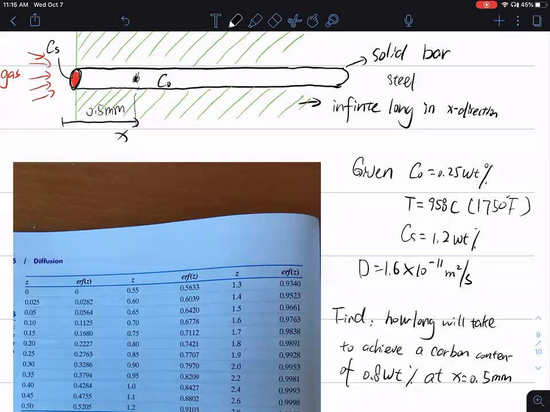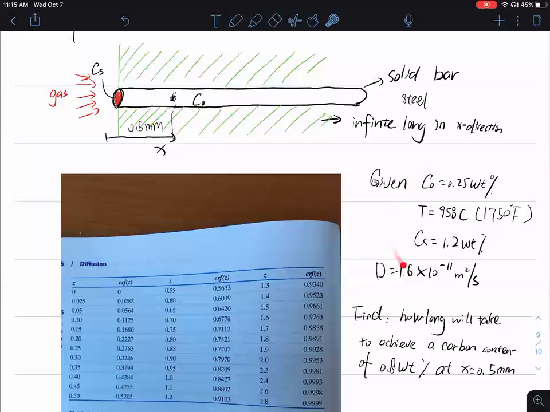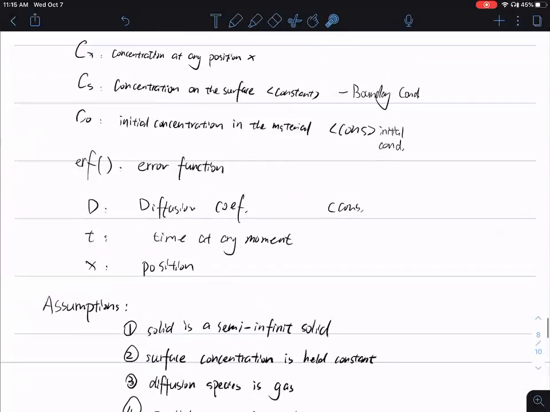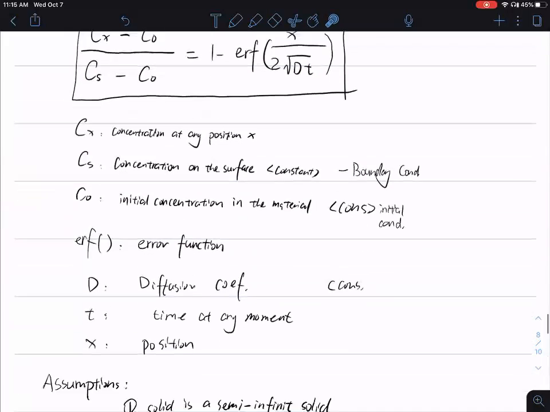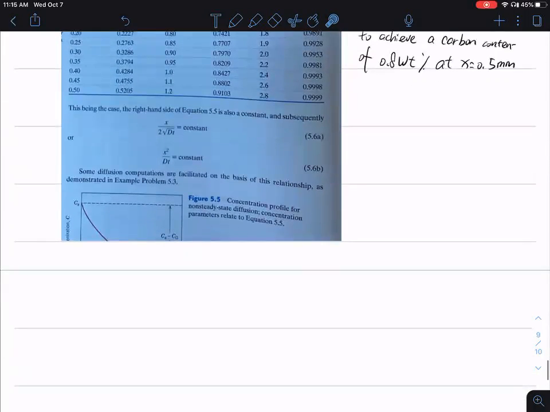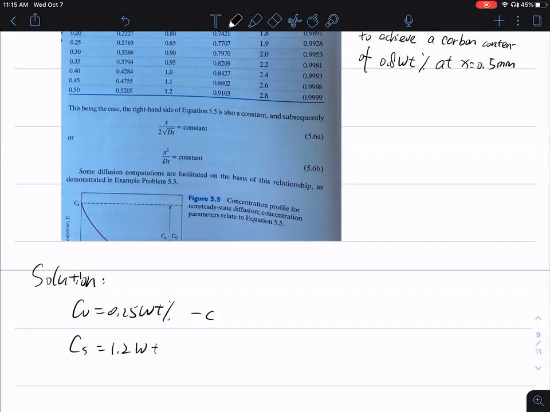Okay, now let's see how we can use those given conditions and use our magic solution here to find out what is time t. That's the variable we're trying to find out. First, let's list everything we know. Here we know C0, which is 0.25 weight%. That's carbon. And we also know Cs, which is 1.2 weight%.